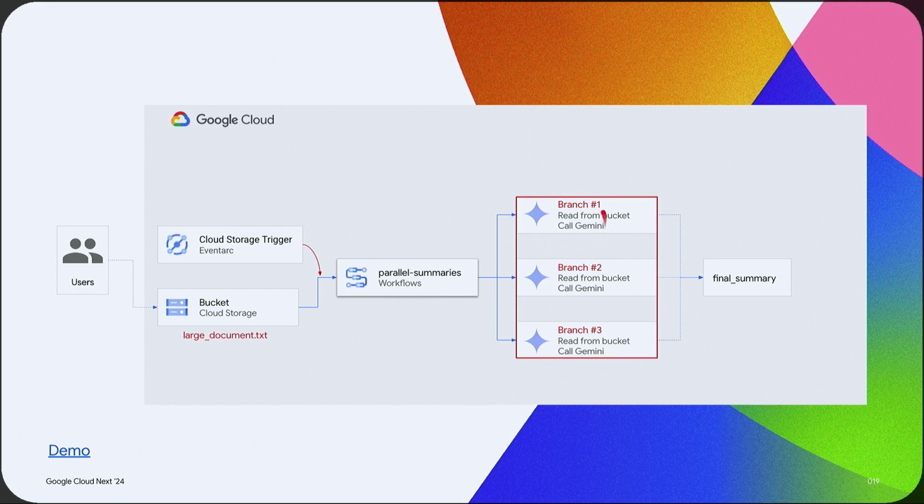And then in these parallel calls, in each branch, we will read from the bucket a part of the file. Then we will call Gemini and get a summary. And then once we have all these summaries, we will call Gemini again to get the final summary. So the idea here is that workflows helps us with the parallelization and orchestration of these calls, but it also helps us to connect this to something in the Google Cloud, in this case, an event from Google Cloud Storage.